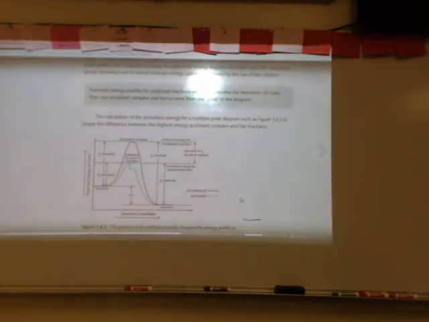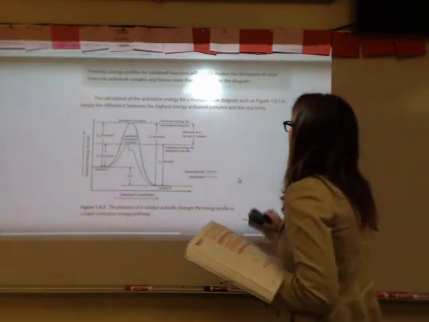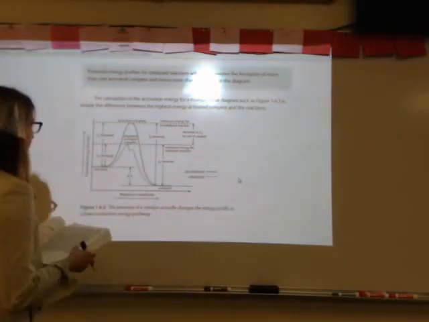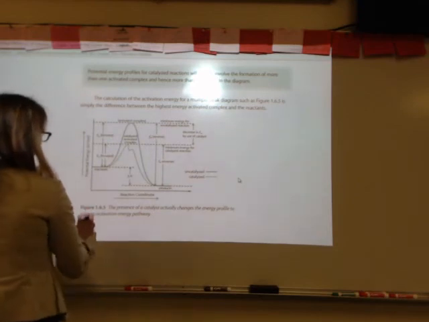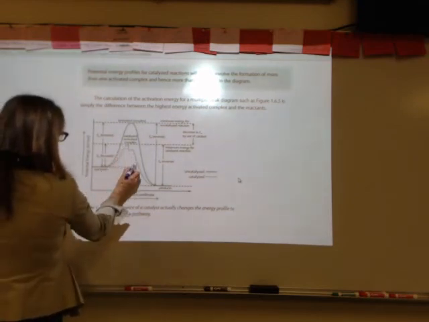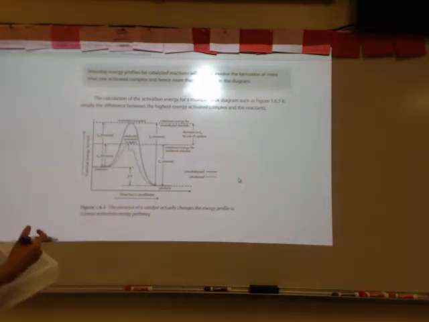Here we're looking at a potential energy profile for a catalyzed reaction. We have the presence of a catalyst here in this dashed line that has these multiple little peaks. You will often see a multiple peak diagram when you have a catalyst present, okay?